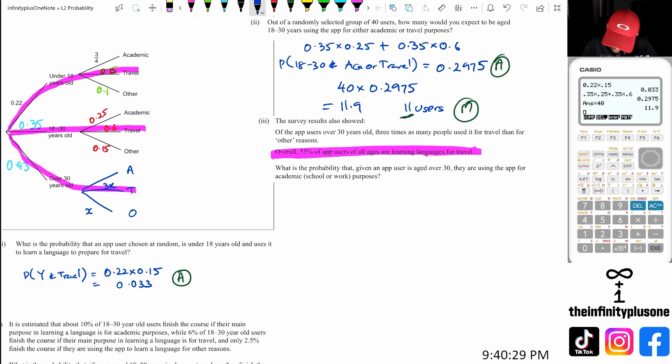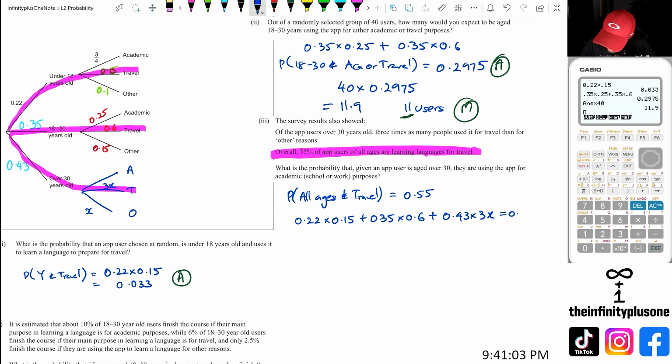I'm going to put this as probability of all ages travel, and travel is going to equal 0.22 times 0.15 plus 0.35 times 0.6. I know that this is equal to 0.55, so 0.033 plus 0.21 plus 0.43 times 3x equals 0.55.